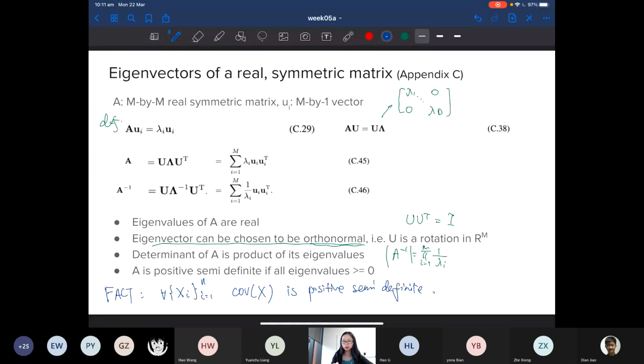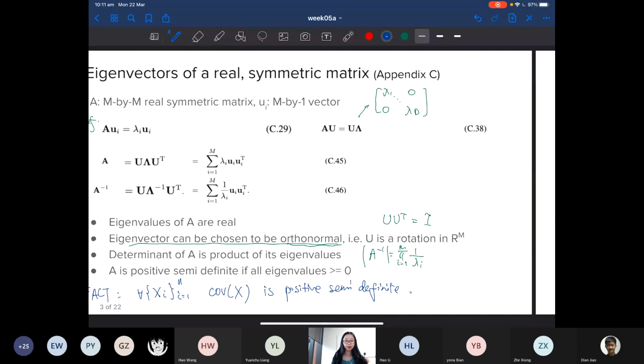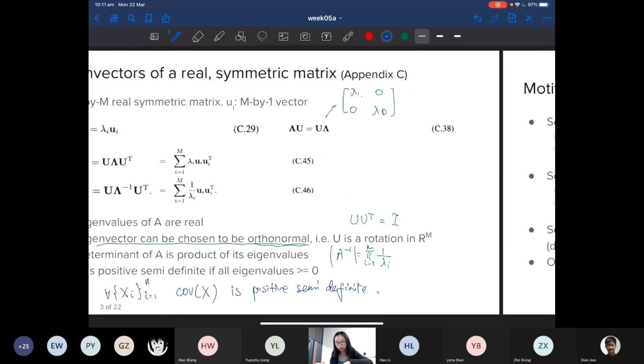I will show this. This is easily shown with the set of matrix qualities here.